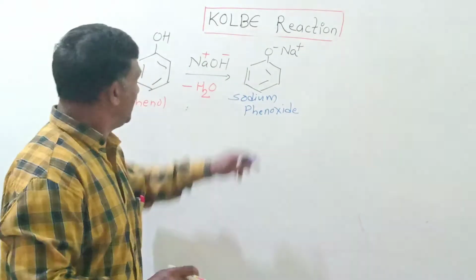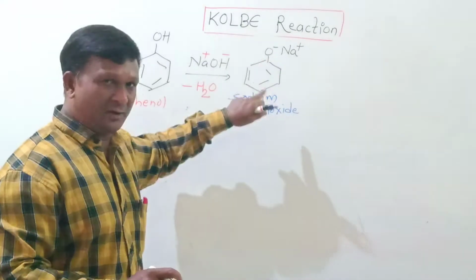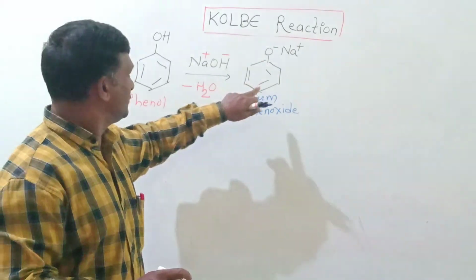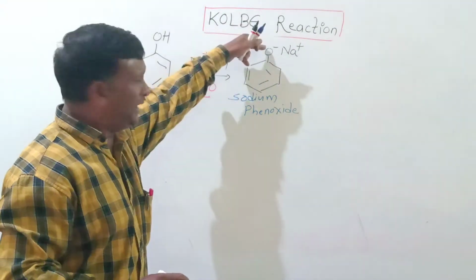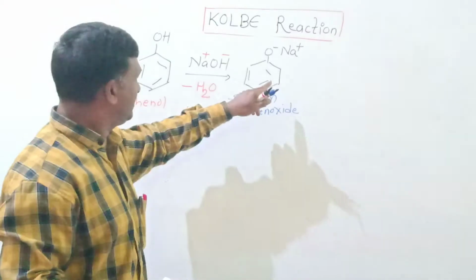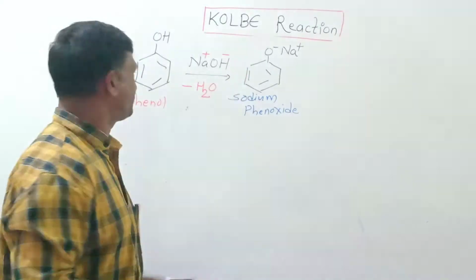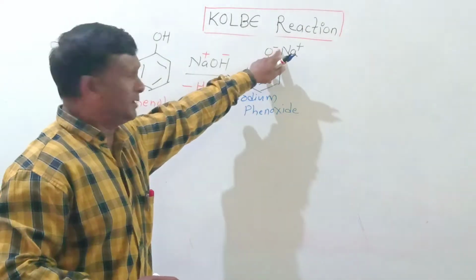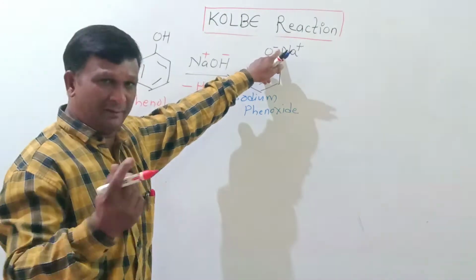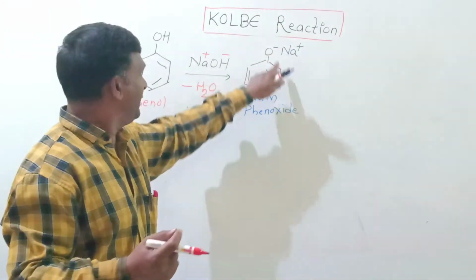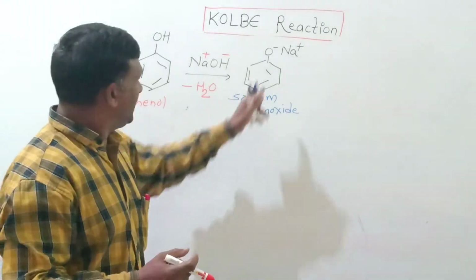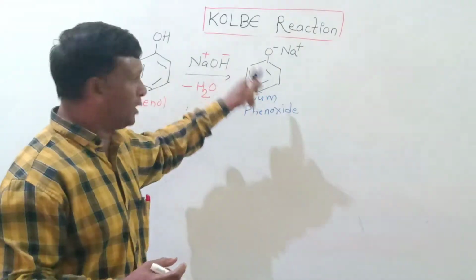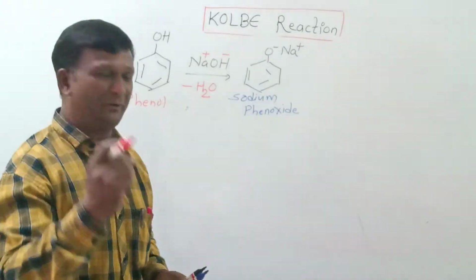That means this phenoxide ion has a negative charge on oxygen which can be shared through resonance with this benzene ring. When this negative charge, that means a pair of electrons, is shared with the benzene ring, the electron density on the benzene ring is increased.